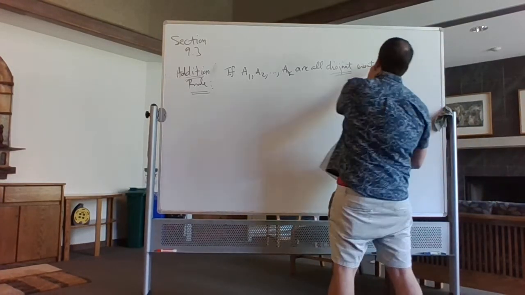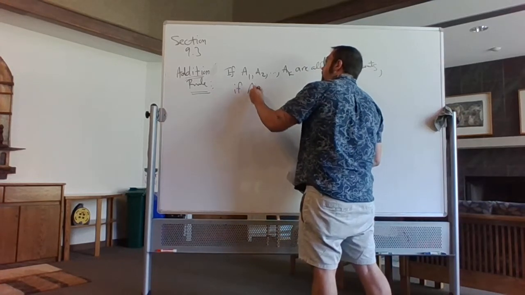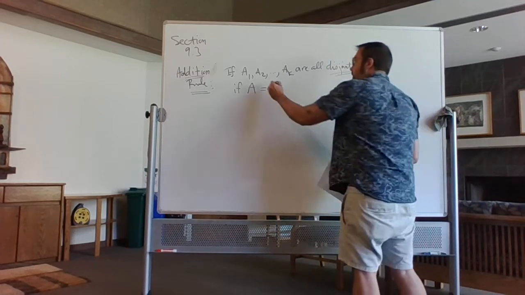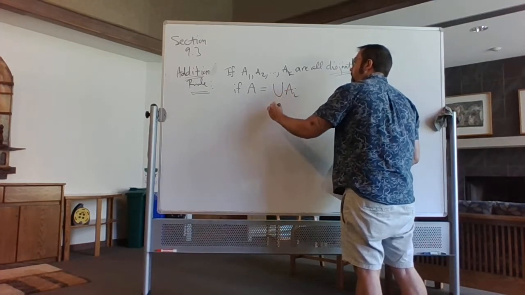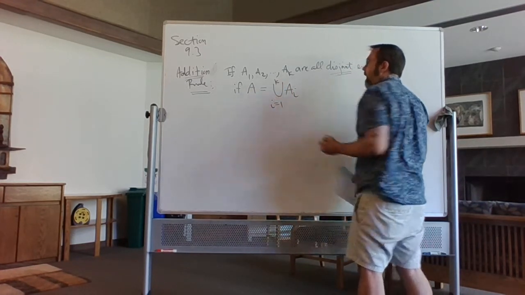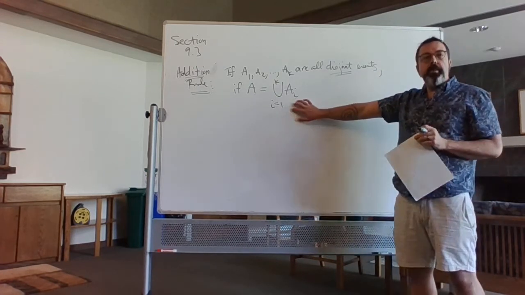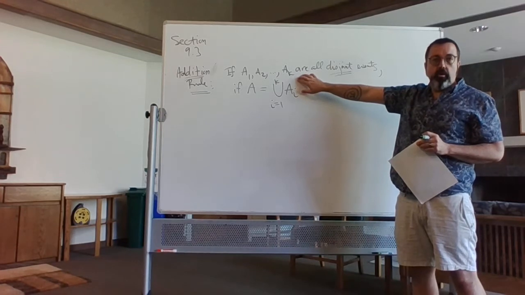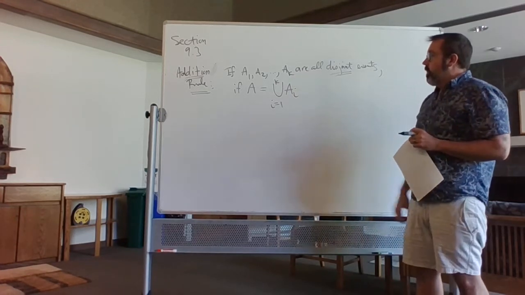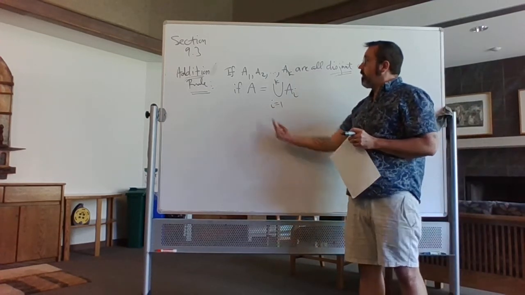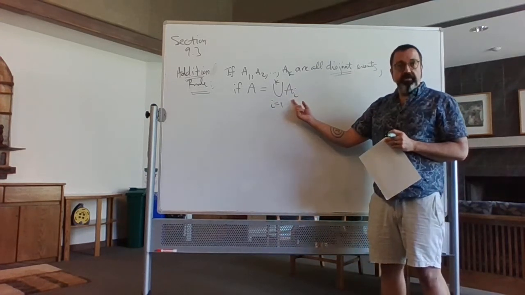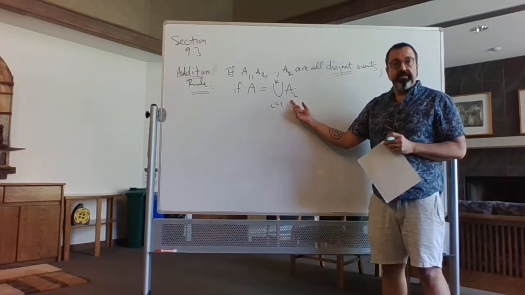Then if A is the disjoint union of all of those events, what I mean by that is the collection of all possible outcomes that are found from taking one or another of these events. So an outcome is in A if it's in one or more of the events Ai.